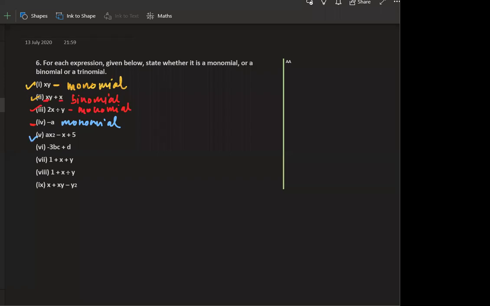Okay, now fifth, ax square minus x plus 5. How many terms are there?